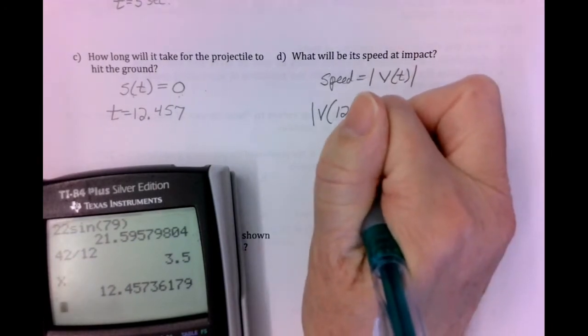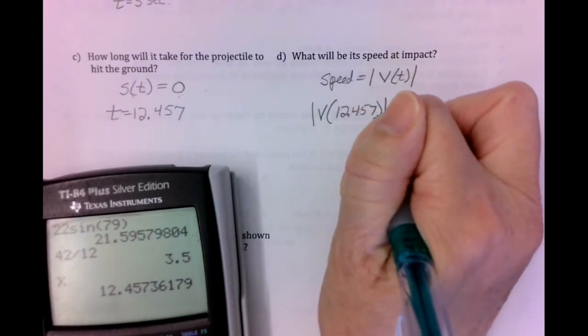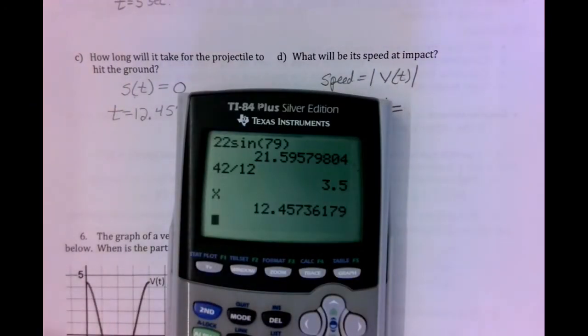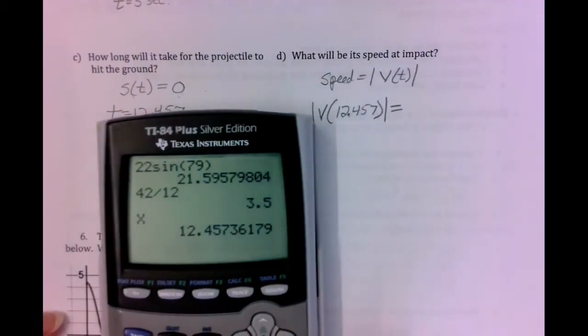I am not using 12.457. I'm using my stored value, because as you progress through parts, you have to have 3-place decimal accuracy for each part. If you use rounded values, you tend to lose your accuracy in your end answers, and you will not earn the point for the answer. So I'm taking that number, and I want to plug it into my velocity function. Well, I can make things positive at the end.